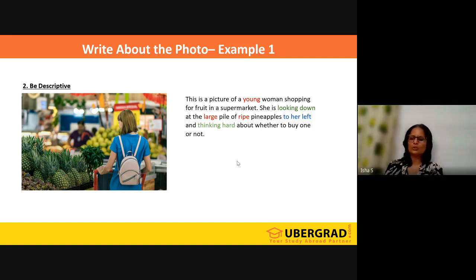She is looking down at a large pile of ripe pineapples to her left. There are pineapples kept, so she is looking at them and thinking hard about whether to buy one or not. So she is thinking, which one should I buy? This is how you can describe the picture.